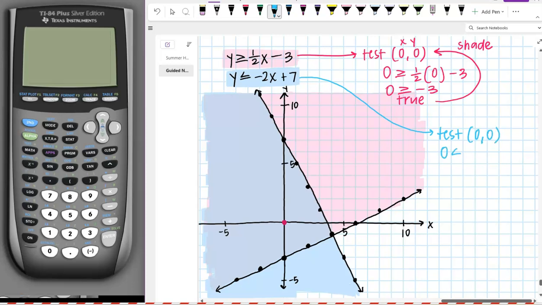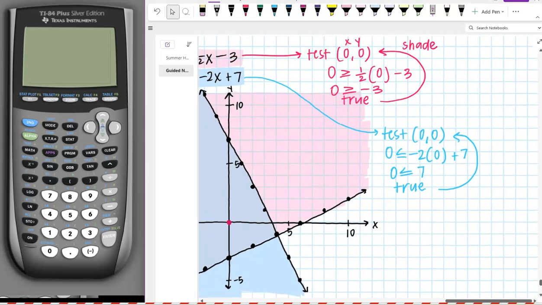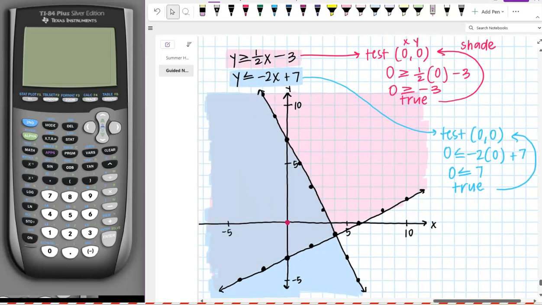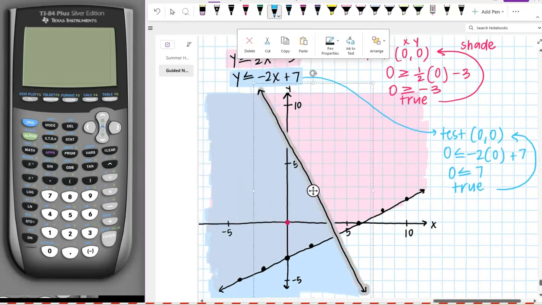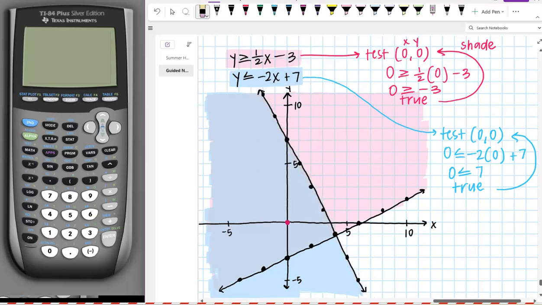It would say 0 is less than or equal to negative 2 times 0 plus 7. In other words, 0 is less than or equal to 7, which is true. Therefore, you should shade the test point. True means shade the test point. And notice the origin, (0, 0), is shaded by the blue shading.